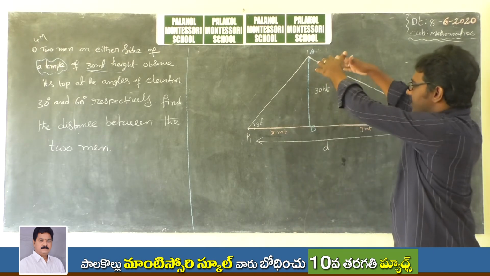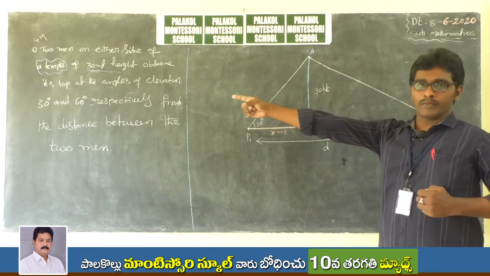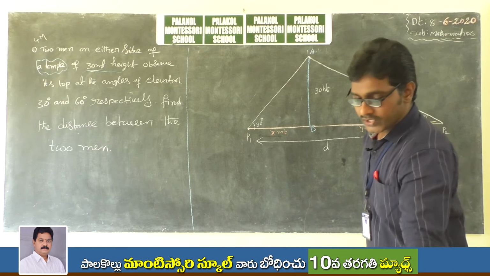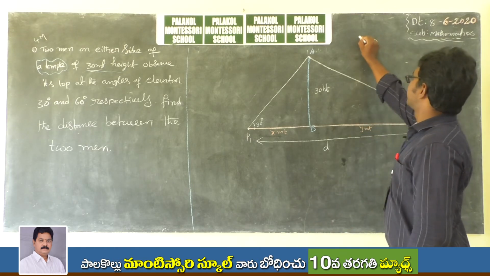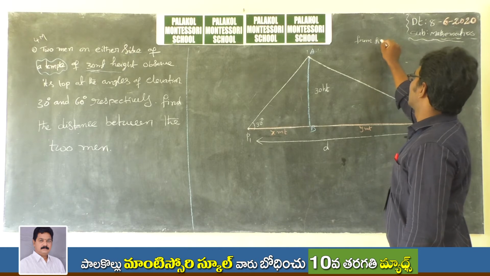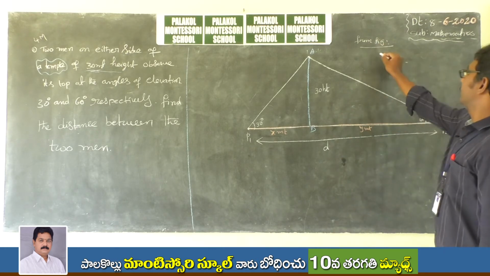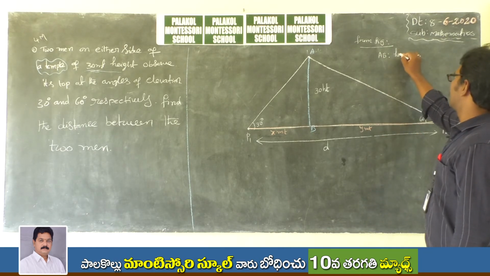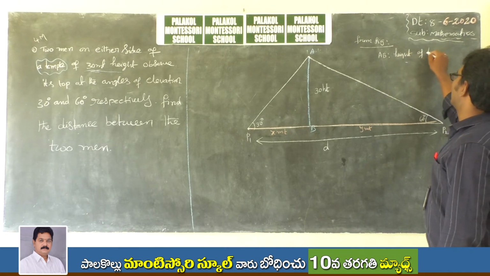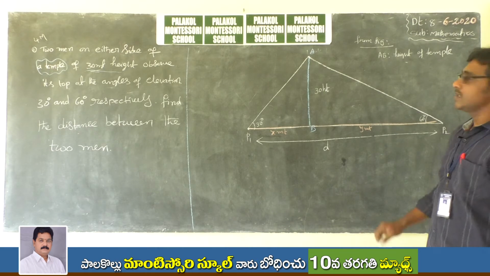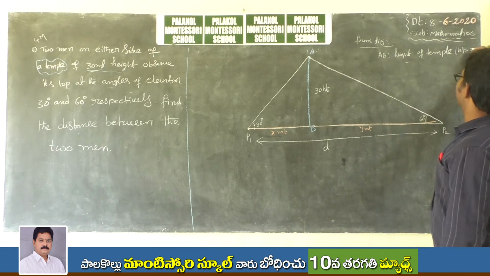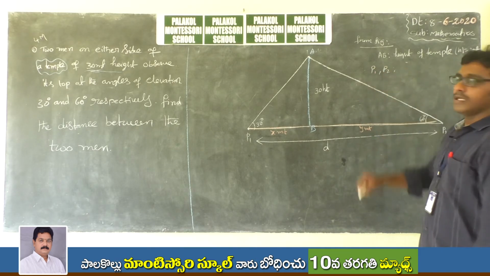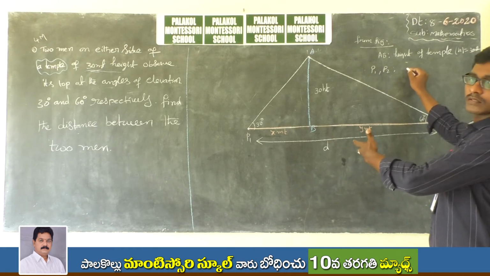Okay, first I draw a neat diagram to represent the data and mark it here. So first you write from the figure: AB is the height of the temple. You write that: height of the temple, simply h equals 30 meters. P1 and P2 are observers, two persons.